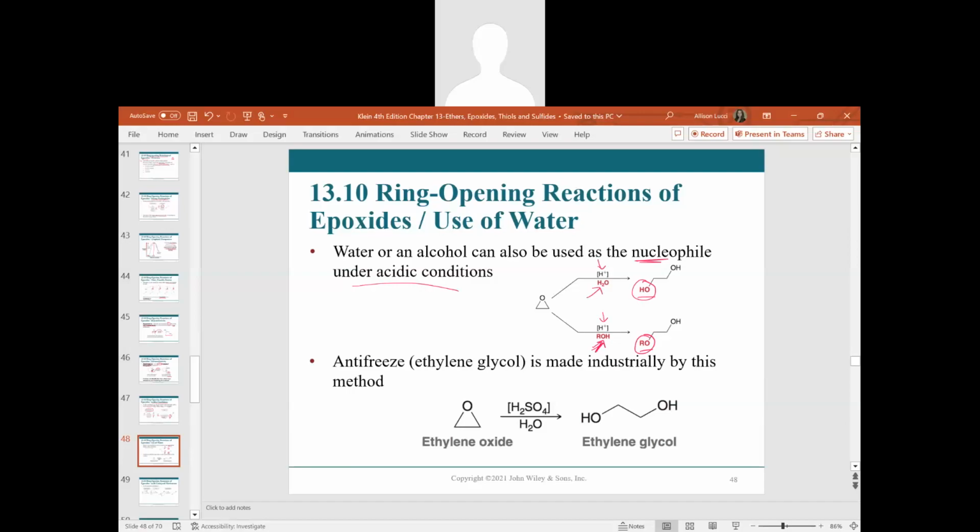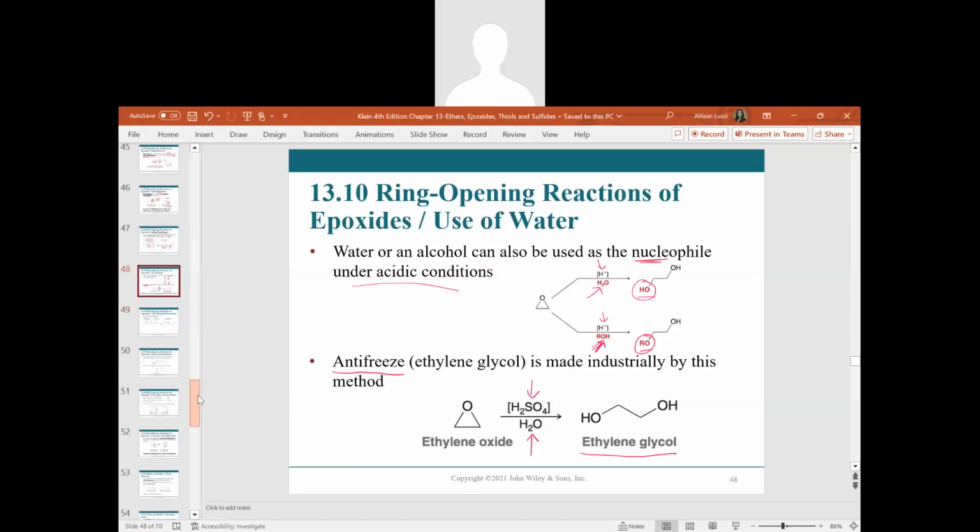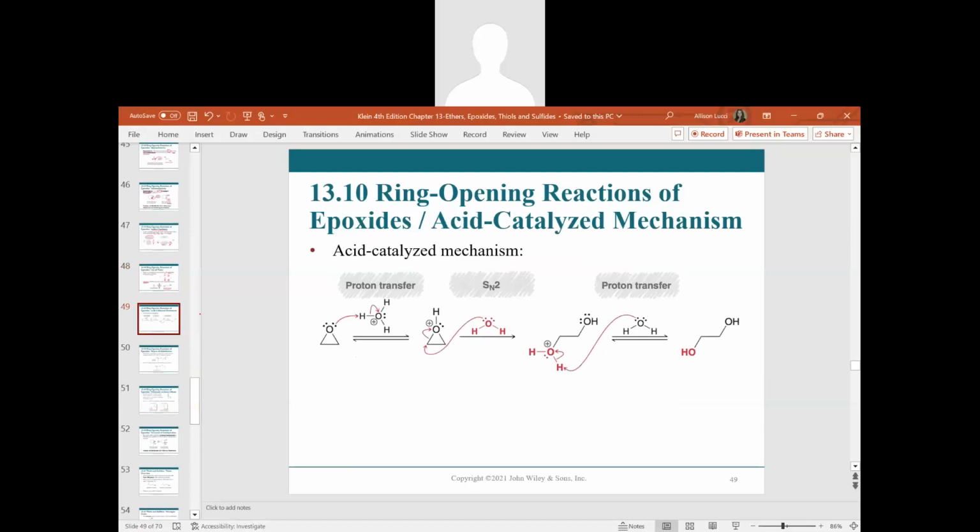And a common everyday product that can be made through this method of ring opening: industrially, this compound called ethylene glycol is made using acid conditions and water. This ring opening of ethylene oxide occurs and we generate antifreeze, better known as ethylene glycol. So this is the ring opening of an epoxide under this acid catalyzed mechanism shown here.